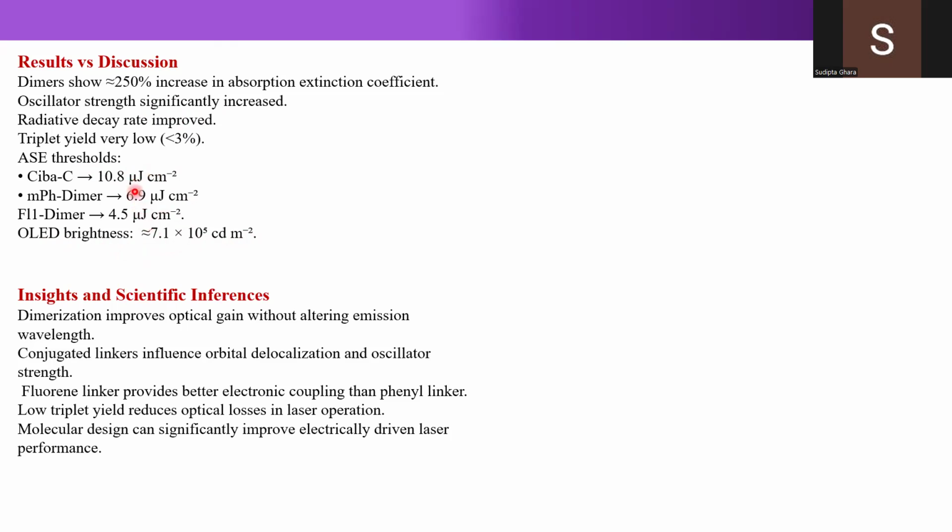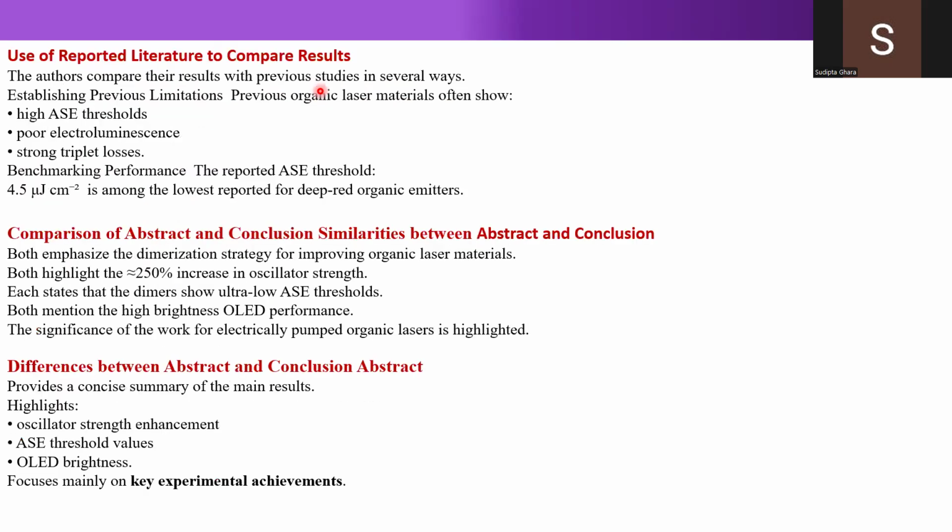The dimer shows a 250% increase in the absorption coefficient, which increases the oscillator strength, and the radiative decay rate also improves. In comparison with the previous literature reports, the benchmark performance: the reported ASE threshold is 4.5 microjoule per square centimeter, which is among the lowest reported for deep red organic emitters.